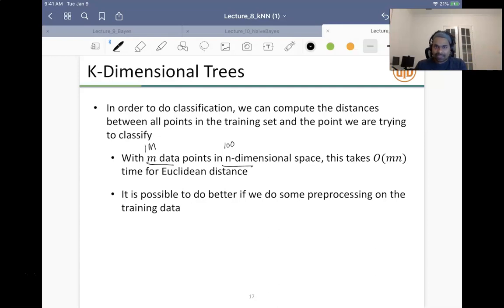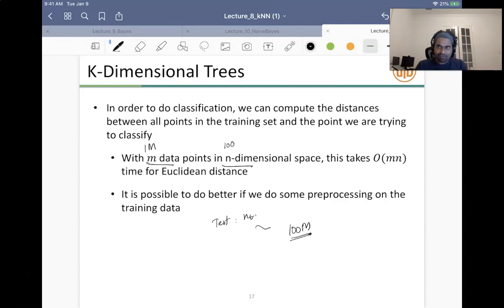For any test data point that is given, say xt, I need to compare xt to the 1 million data points. So for every test time prediction, I need to make roughly 100 million operations, because it's 100 dimensions times m, which is 1 million.